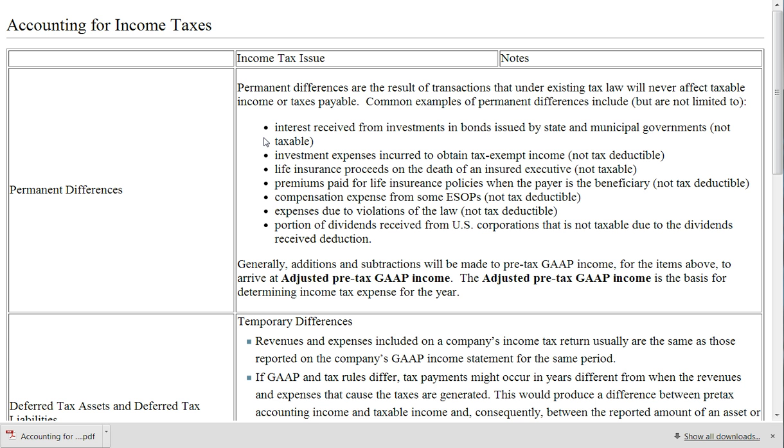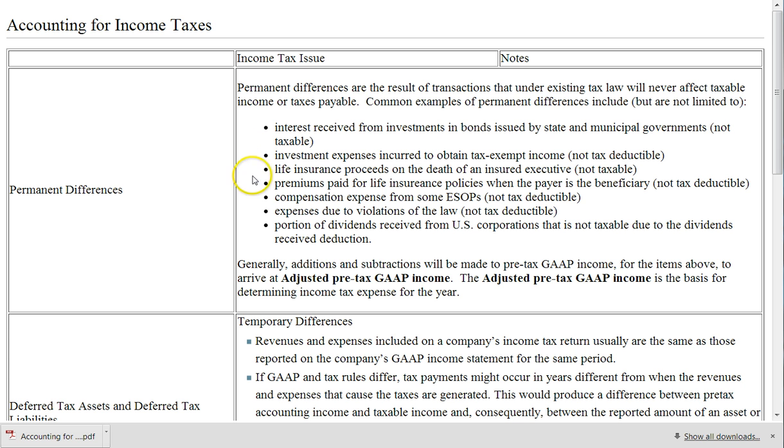So there's that separation of the federal government from all the state and local governments, and this is one of the results of that separation. So while interest income would appear on our GAAP financial statements, it'll never be part of our tax return. It is specifically excluded from our tax return.